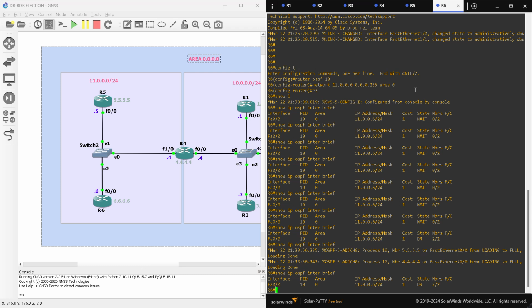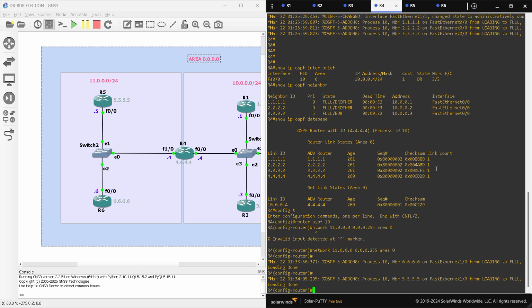As you can see here, R6 has become DR and is fully synchronized with 2 neighbors, right? The one with which it is making neighborship is FastEthernet 0/0 neighbor 3, FastEthernet 1/0 neighbor 2, right?